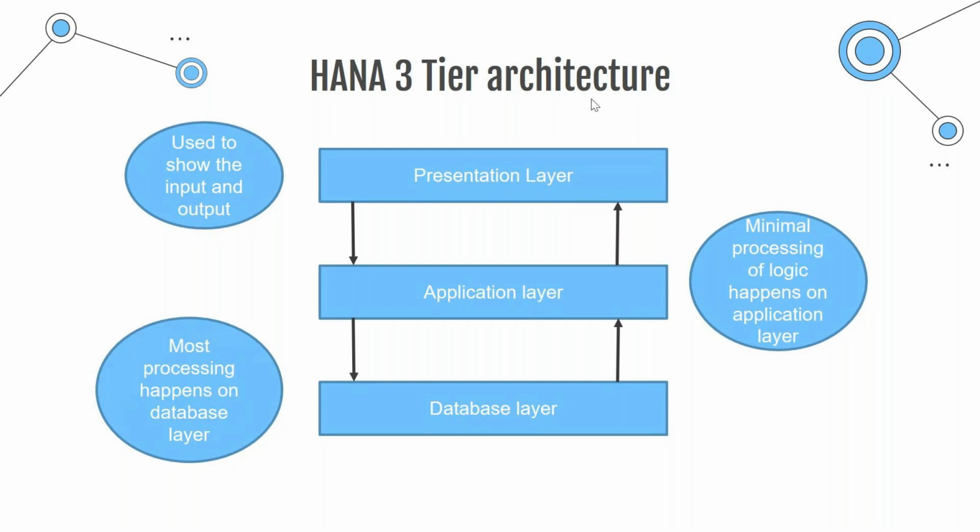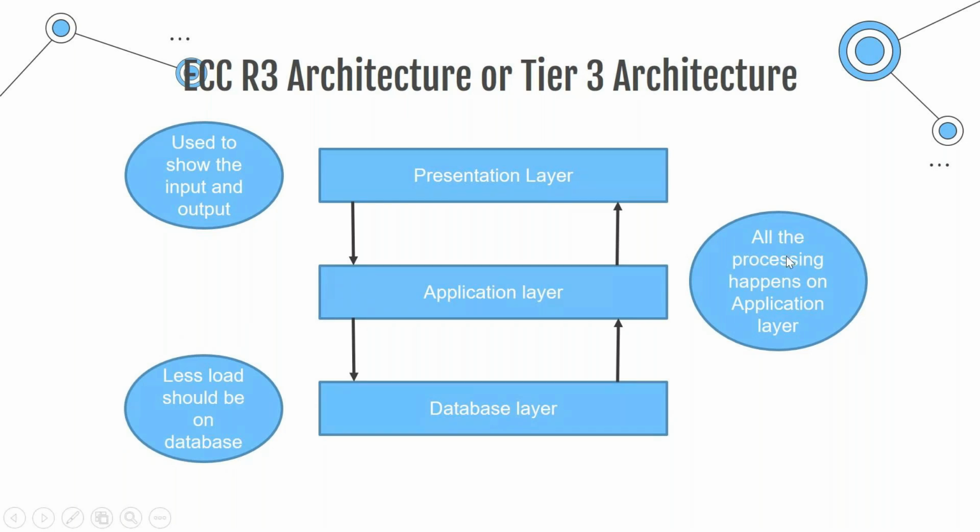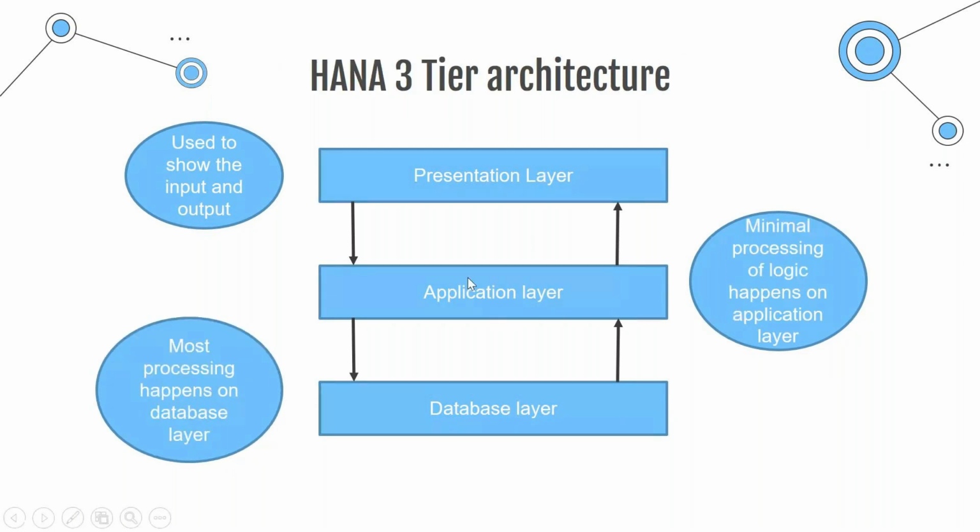So the primary difference between ECC and HANA is, in ECC, all the processing happens on the application layer, whereas in your HANA system, we can push that processing on top of database. That logical processing which used to happen in ECC system will now happen on database layer. So you can put more load on database than ECC. That is the only difference.